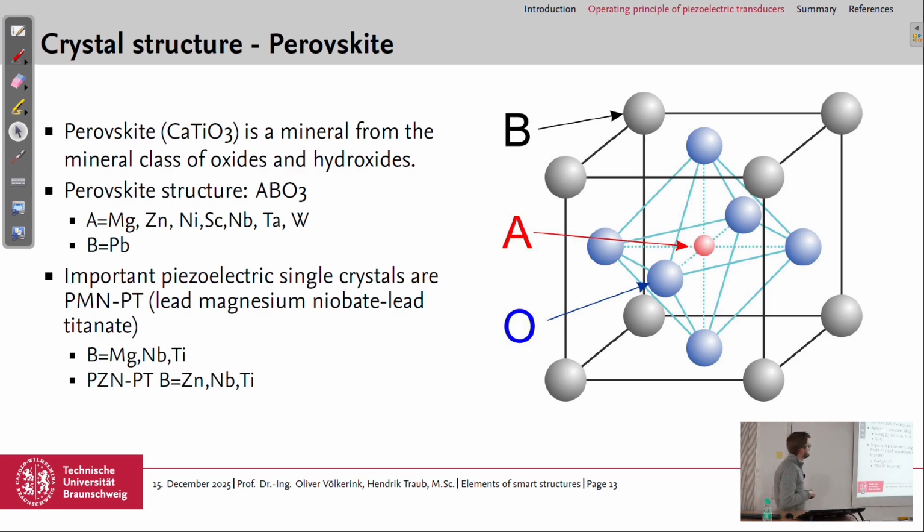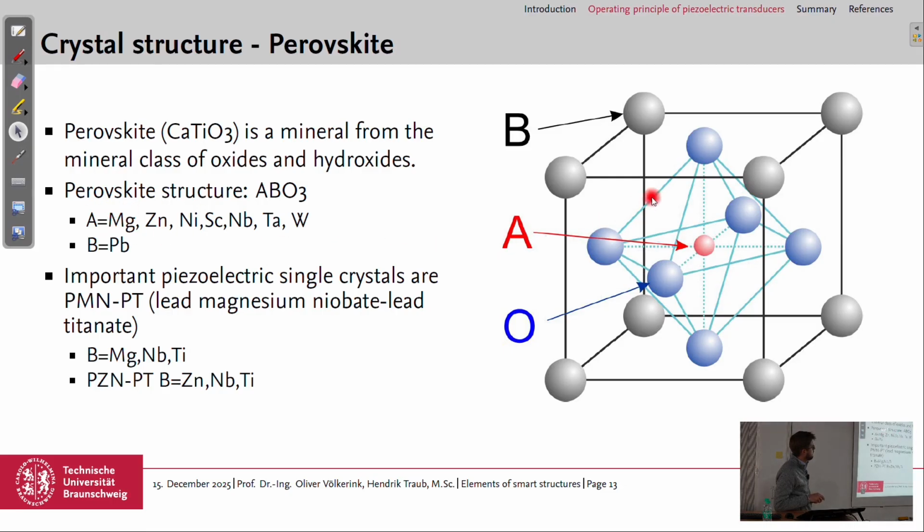Let's have a look at the perovskite structure. The crystal has a cubic lattice. Here in the middle, you have the atom A, which is one of these elements.